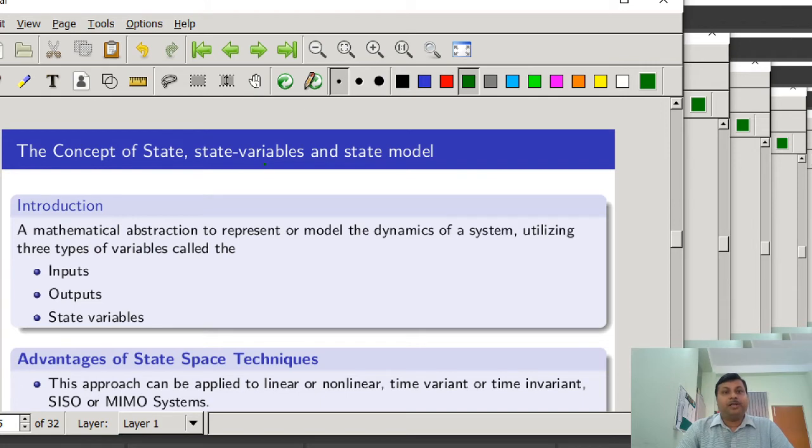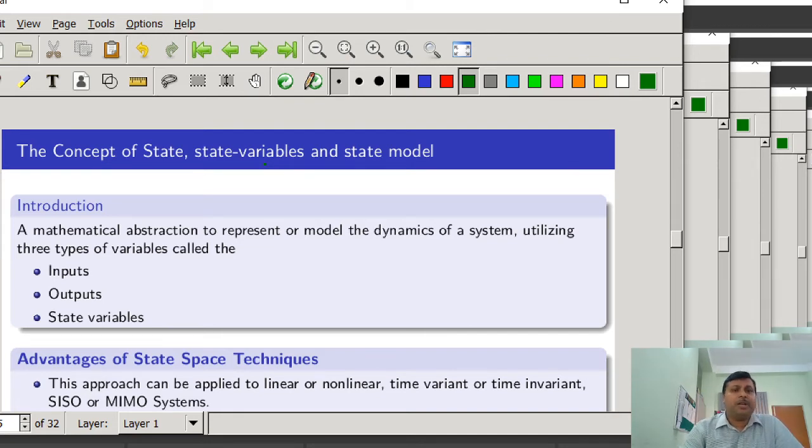Whenever we are going to represent any system in state space, we require three pieces of information. Input, you have to know what the inputs to the system are, you have to know what the outputs of the system are, and also you have to define the state variables of the system.